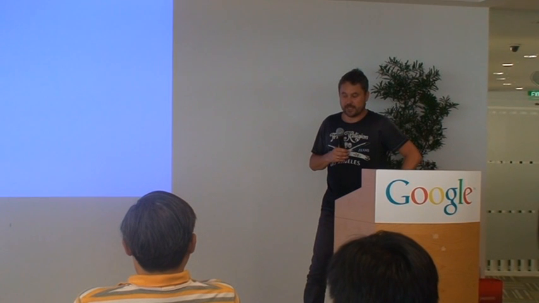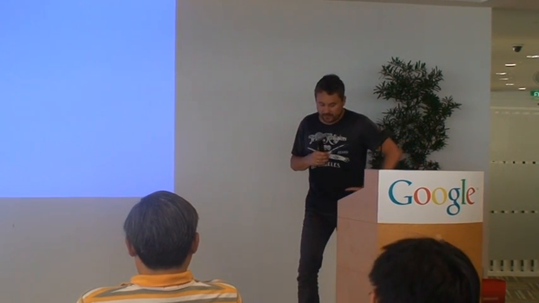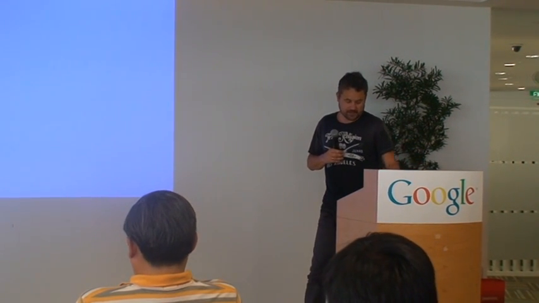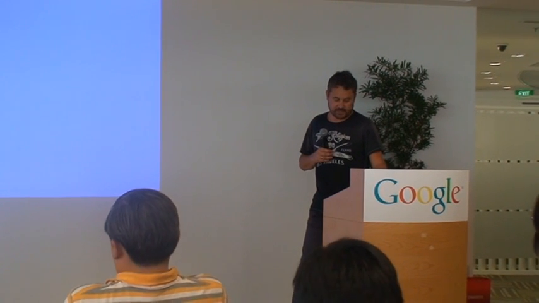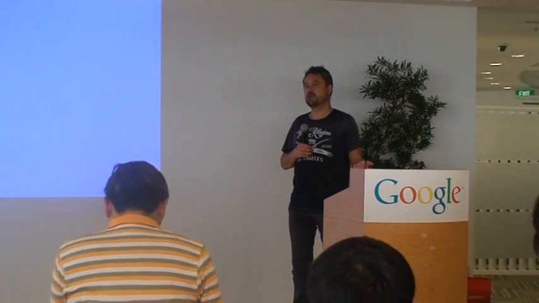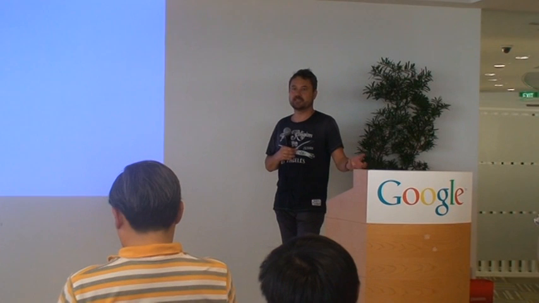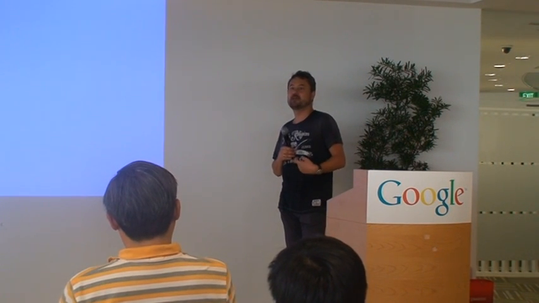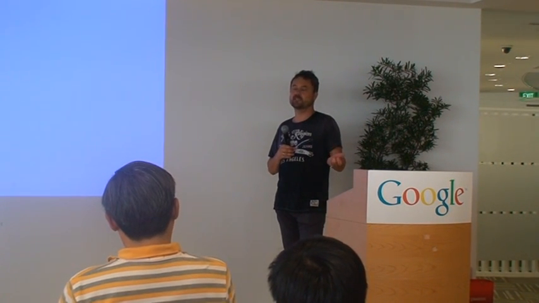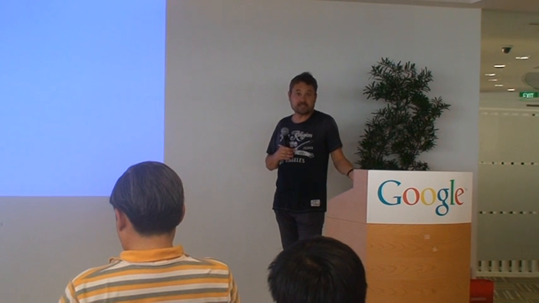And the other thing is that this is also a small part of a bigger initiative where we want to create a reference implementation for an open source version of Google Buzz as well.